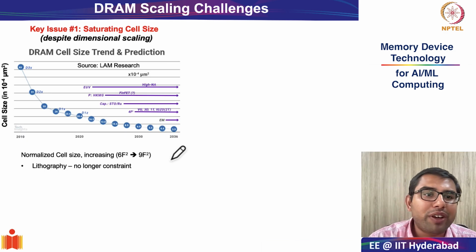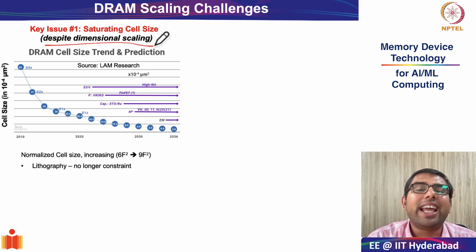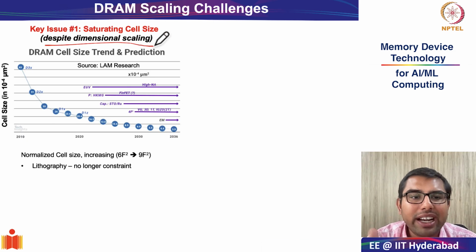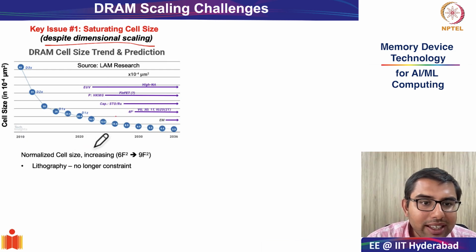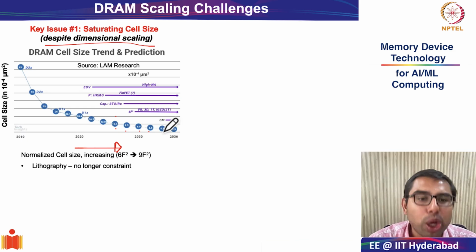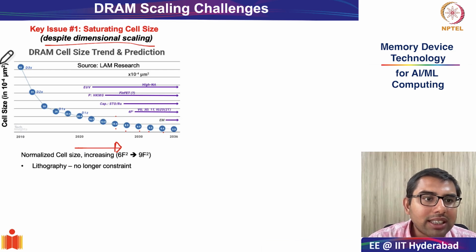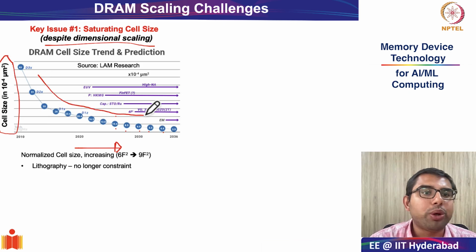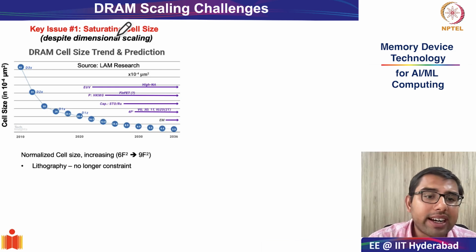The problem is that despite dimensional scaling, where you are indeed able to reduce the size, as you see in the x-axis is years, and in these circles you can see that the smallest feature size F is indeed reducing as the years pass by. But the problem is what is happening in the y-axis, which is your cell size. The cell size is saturating. So the saturating cell size, despite dimensional scaling, is a very big issue. And today we will discuss why that is happening.